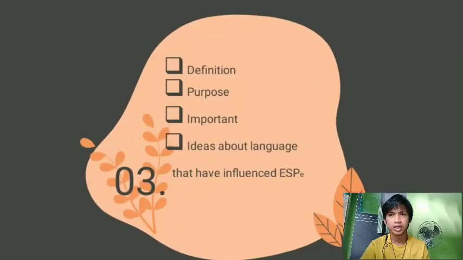Chapter 3, that is course design. There are 4 points that must be considered. You can see on the screen. First, learning design is the process of determining learning objectives, strategies, and techniques to achieve goals, and designing media that can be used for the effectiveness of achieving goals. ESP aims to meet the needs of students.